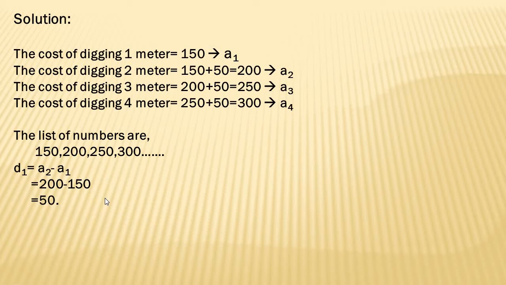Now we have to check the common difference of the other terms to see whether it is constant or not. The third term minus the second term: the third term is 250 and the second term is 200, and 250 minus 200 is again 50. Now let's check the fourth term and the third term.